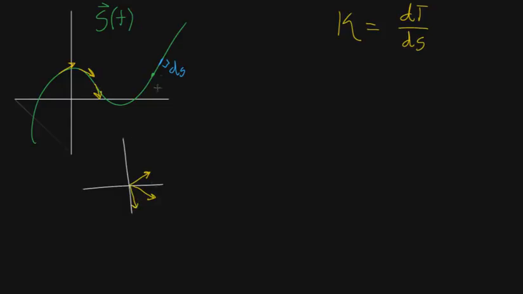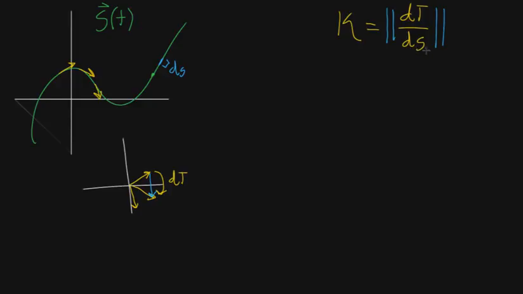And you're wondering, basically, as you take tiny little steps of size ds, what is this change to the unit tangent vector? And that change, it's going to be some kind of vector. And because the curvature is really just a value, a number that we want, all we care about is the size of that vector.